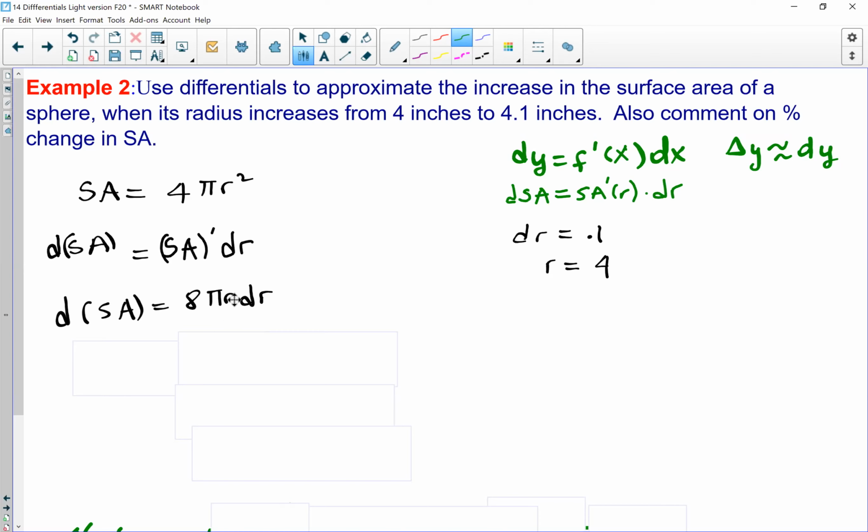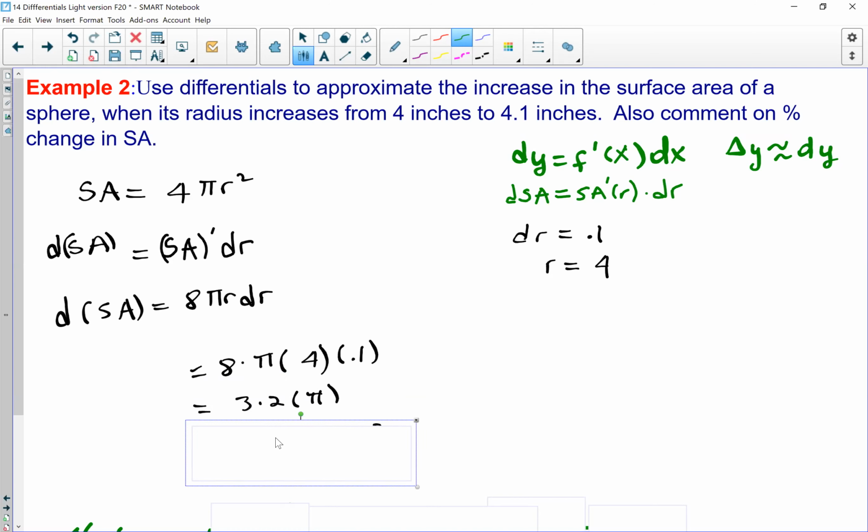So we're given r is 4 and dr is 0.1. Let's just plug those values in. r is 4 and dr is 0.1. Let's multiply them using a calculator. And you get a decimal value of 10.05.